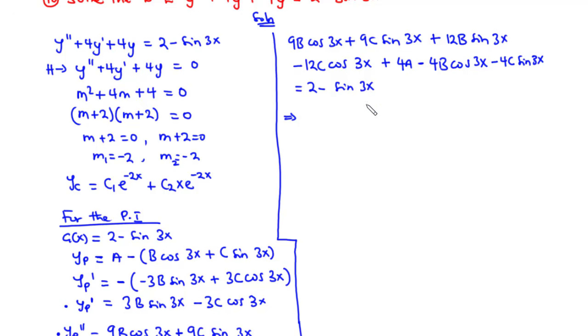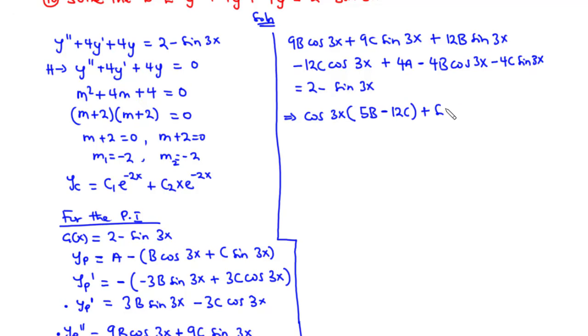Now let's try to group like terms. Even before that, here we have 9b cos 3x, and then we have 4b cos 3x. So 9b minus 4b is 5b. So we can have 5b cos 3x, and then we group the cos 3x's on one side, so minus 12c. Again we have 9c sin 3x, and then negative 4c sin 3x.